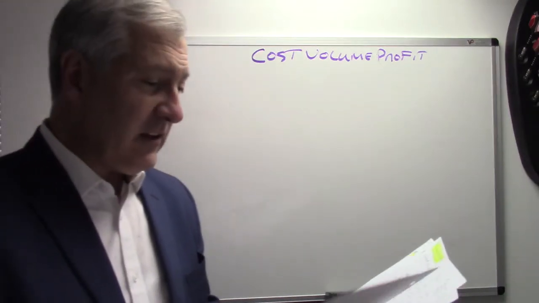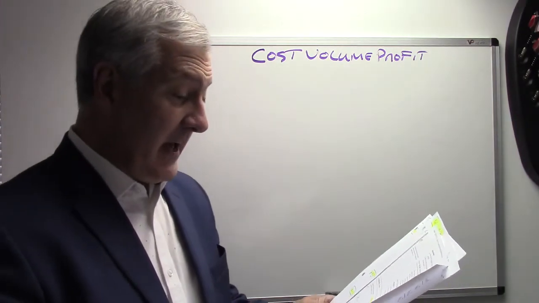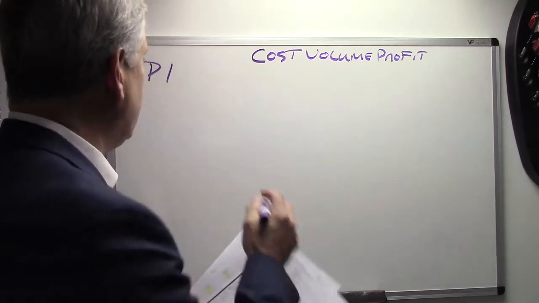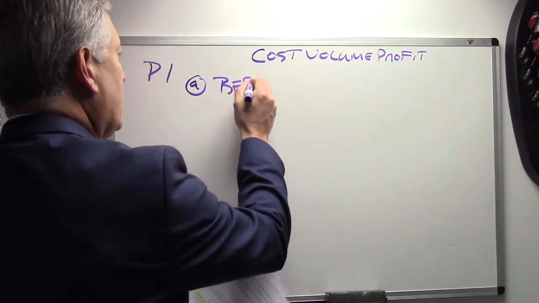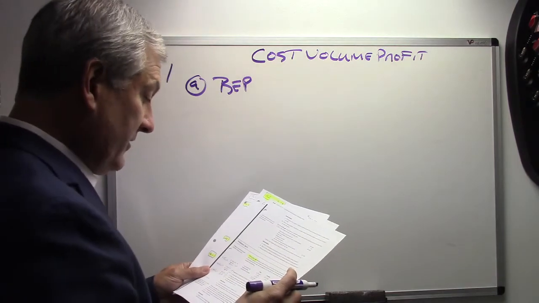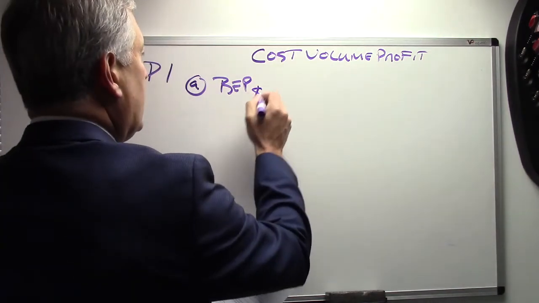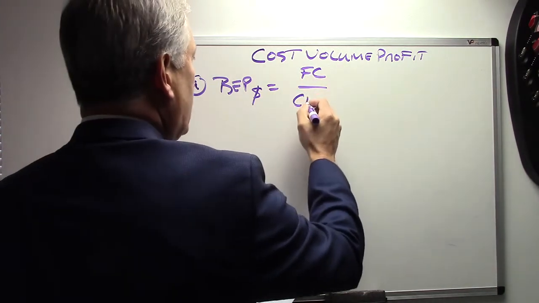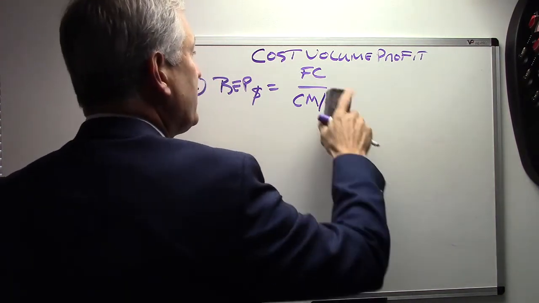So let's take a look at the first item here. It says compute the break-even point in dollars. So A is a break-even point in sales dollars. And you remember that formula, fixed cost divided by contribution margin percentage, right?